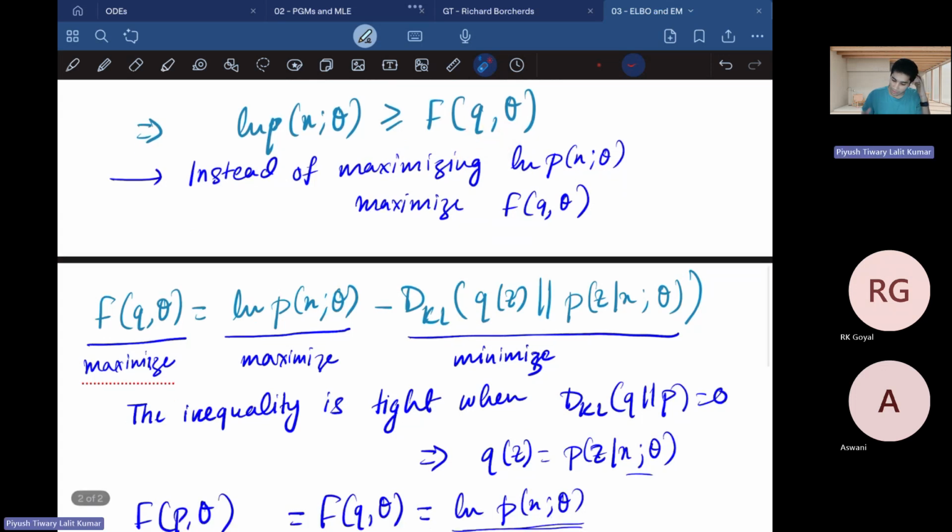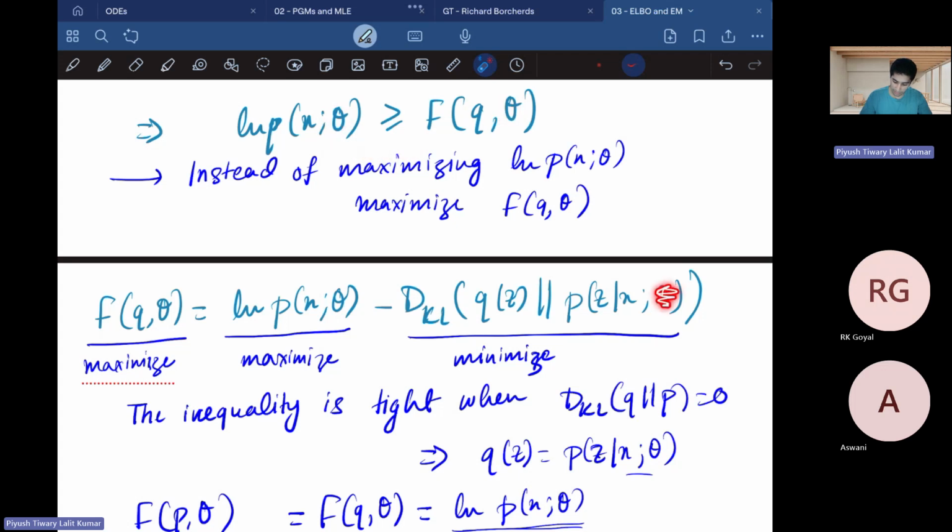So what the expectation maximization or EM algorithm will do is first it will fix theta. So thetas are now fixed. Let's forget about thetas. Now I want to maximize this thing, but I can only work with the ELBO. But there is a gap between the ELBO and my log likelihood, as we can see here, right? If theta is fixed, still there is some gap.